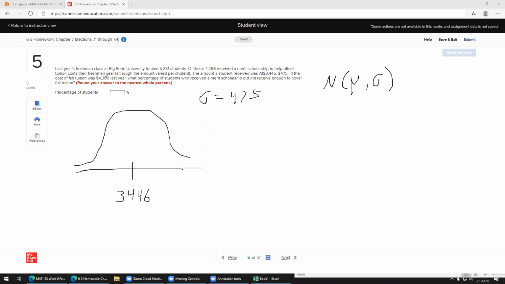If the tuition cost is 4,300, where is that according to this number? So 4,300 is up here. How many people did not receive enough? So they're asking for the top piece here.